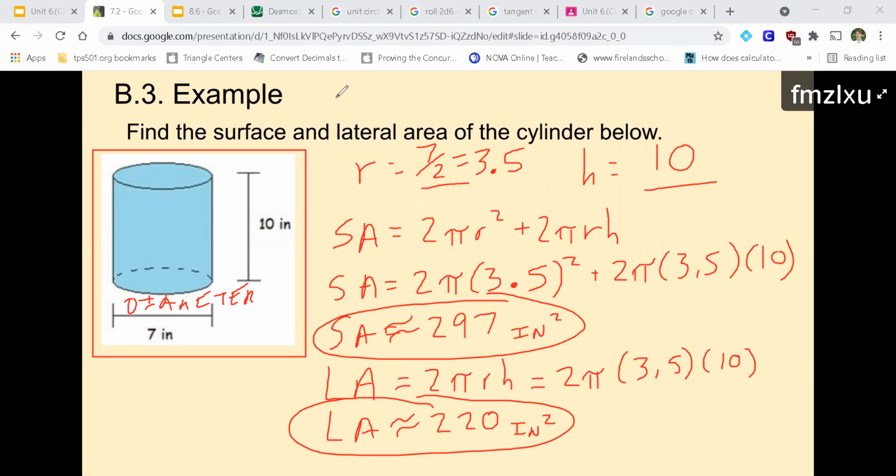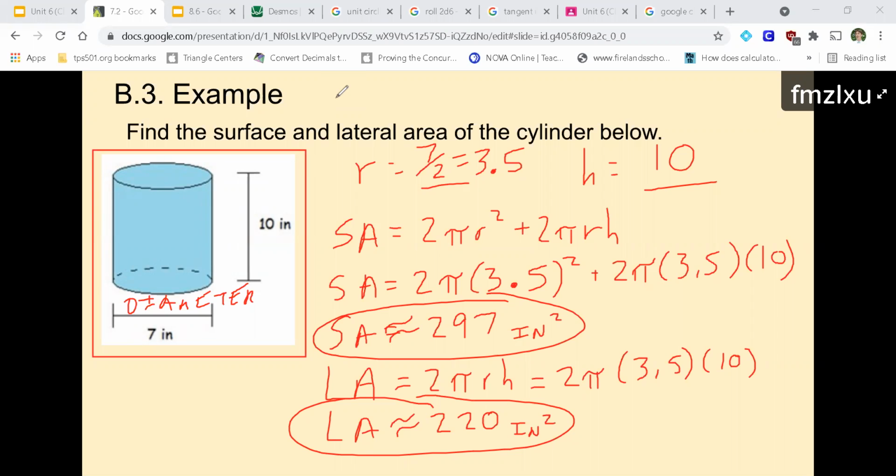Okay, one more thing before we move on. Can someone tell me what's the difference between surface area and lateral area? They're not the same. They are two different equations.